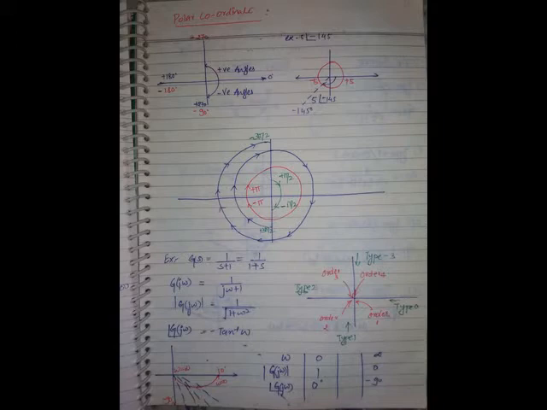If you reverse the direction of the spiral, you will be traveling from minus 3 pi by 2 to plus 3 pi by 2. You understand?